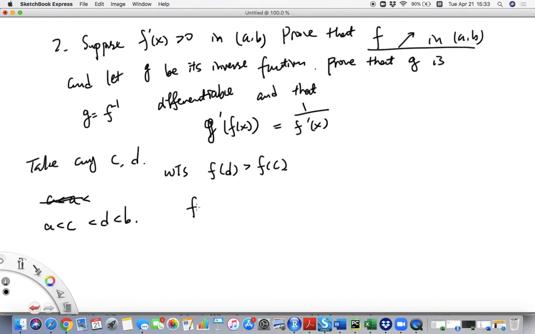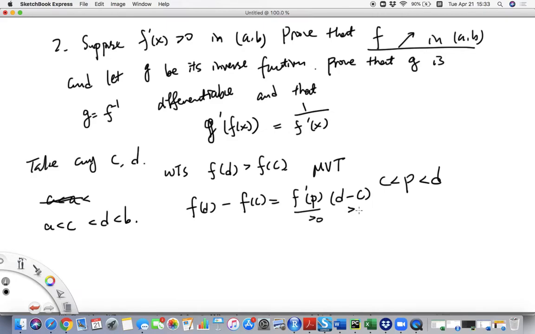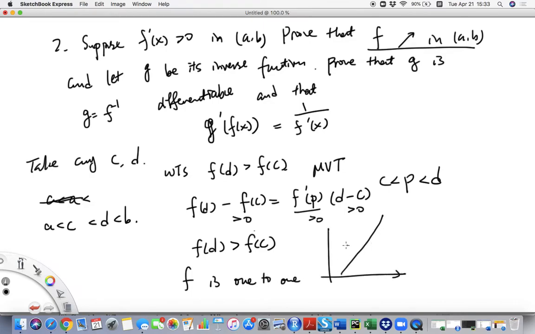Now, f of d minus f of c is equal to f prime of some point p times d minus c, where p is between d and c. This is the mean value theorem. Since f prime is positive, this is positive, so f of d is greater than f of c. So that shows our function is increasing. In particular, f is 1 to 1, right? If your function is increasing, it has to be 1 to 1.